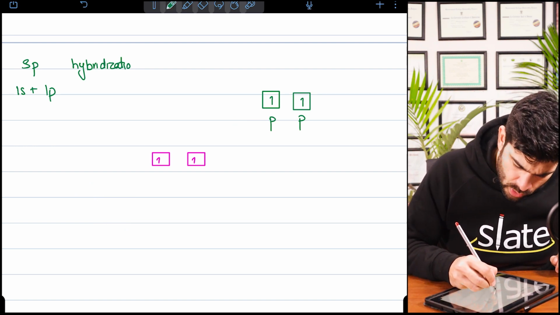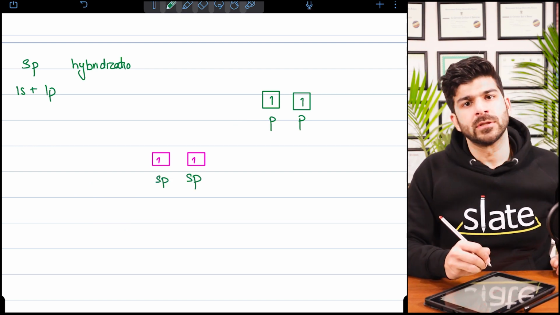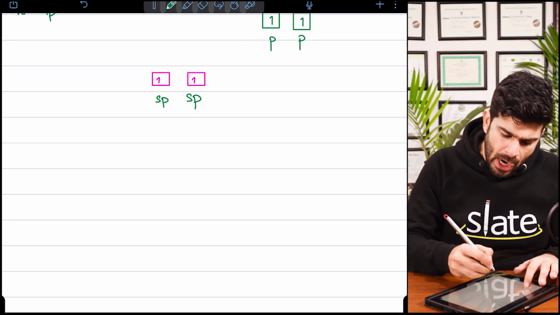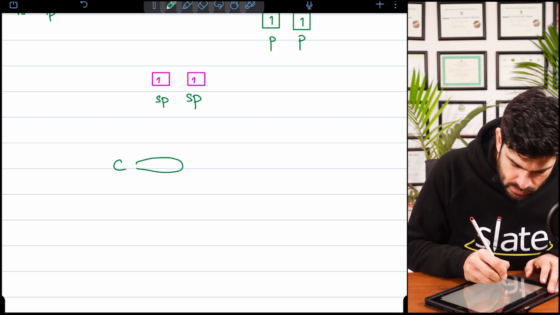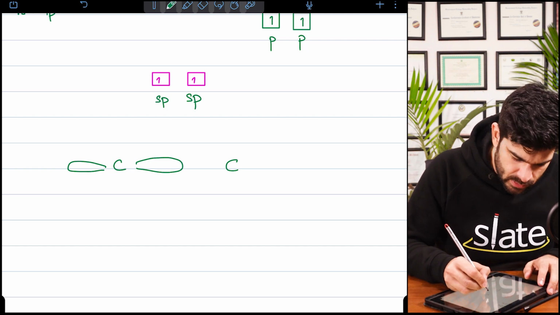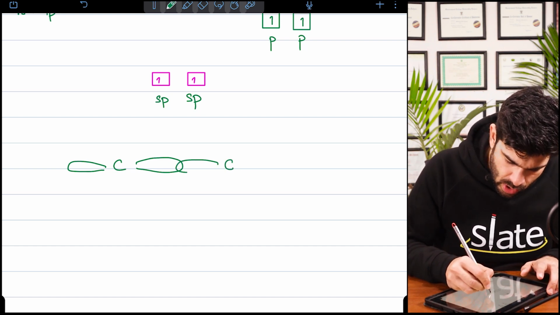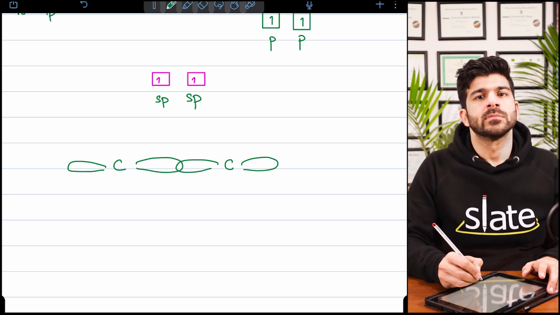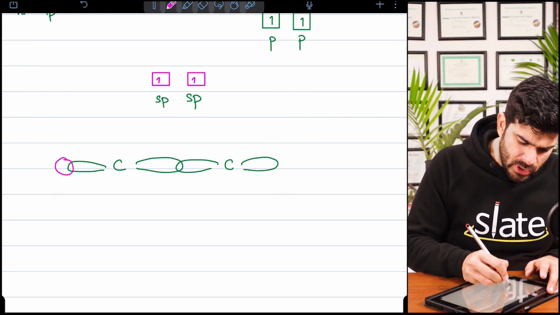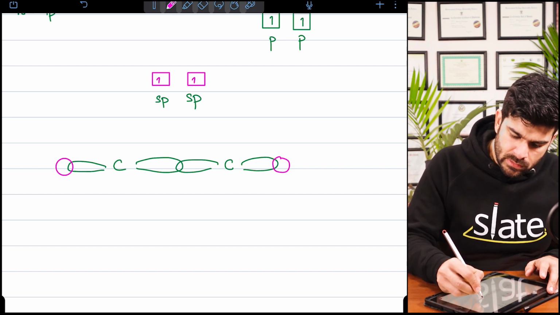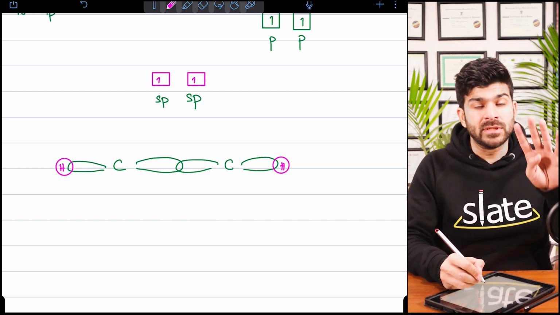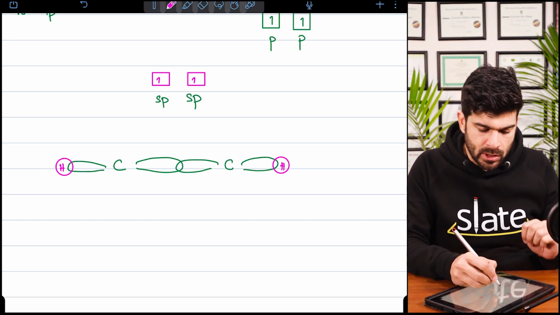So we get two sp orbitals. So carbon has just two bonds. So we take another carbon with two bonds. Ultimately, this will join with hydrogen. But carbon still needs to make three more bonds.